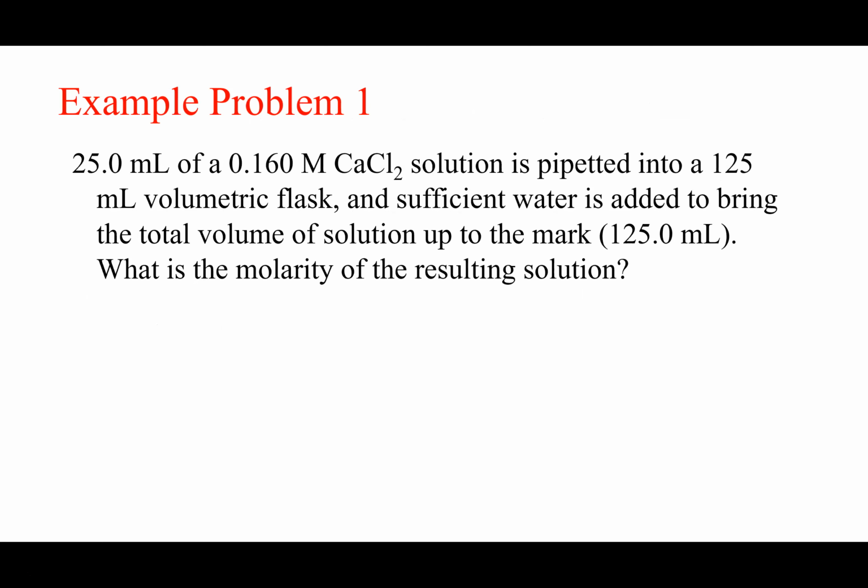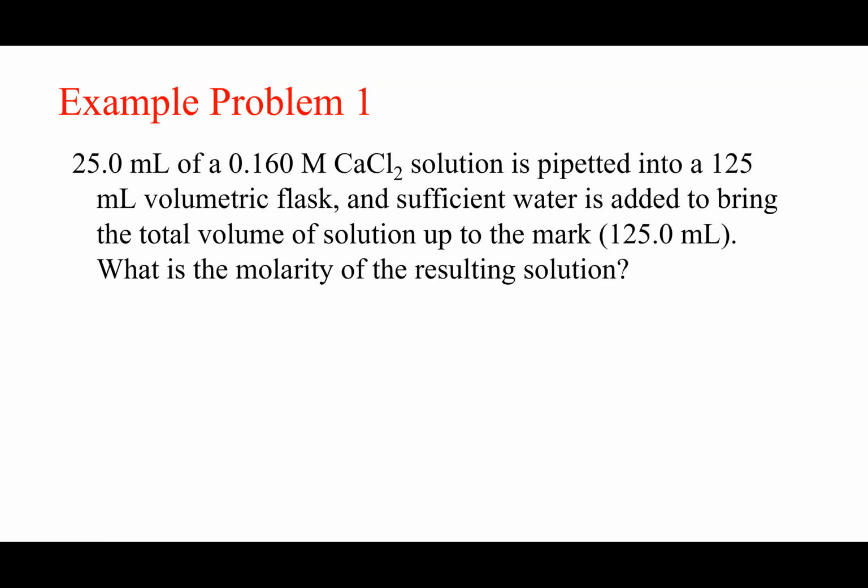So let's work a few problems. I'm going to pull those numbers out and put them on my drawing, my kind of ugly looking drawing, but I know what it's supposed to be. It says that 25.0 milliliters of a 0.160 molar calcium chloride solution is pipetted into blah, blah, blah.